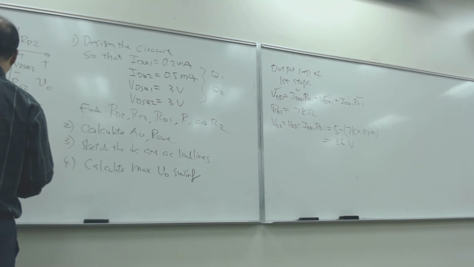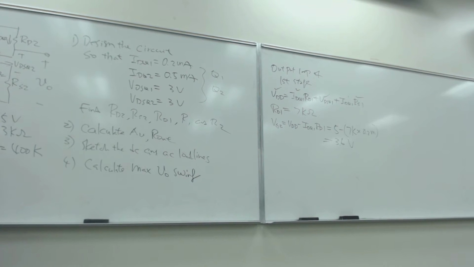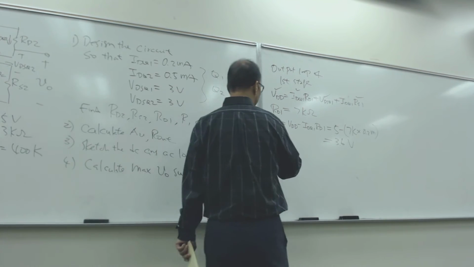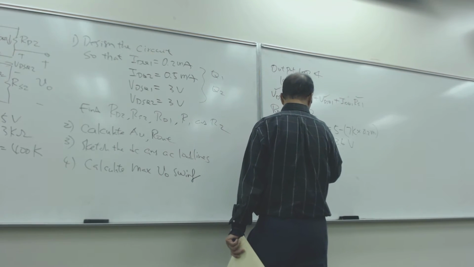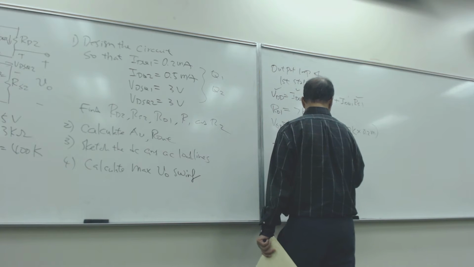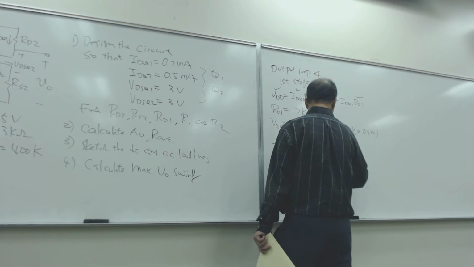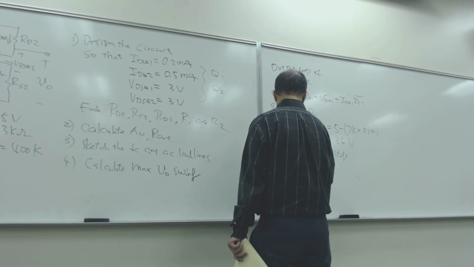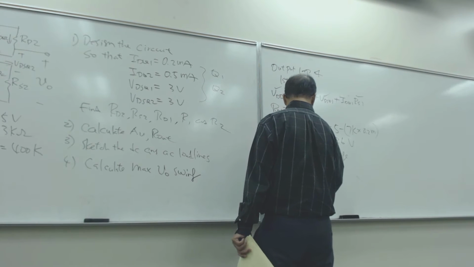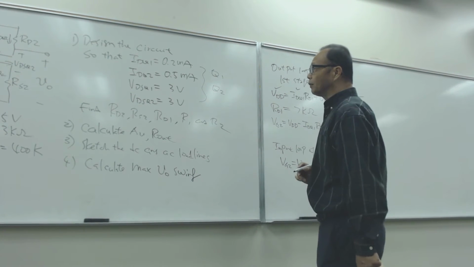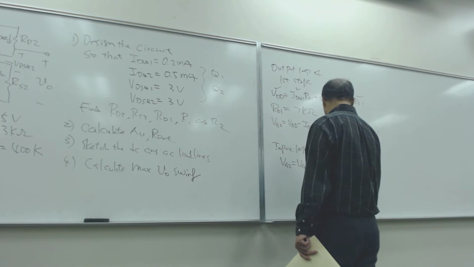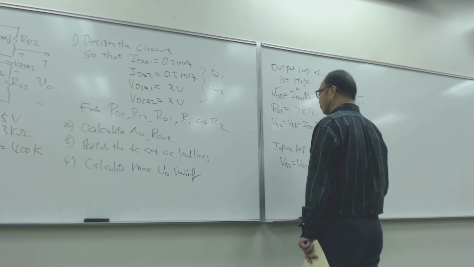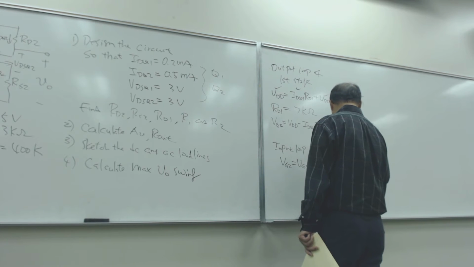Then you go around the input loop of the second stage. You know, VG2 is equal to VGSQ2, right? What else? Plus IDQ2 RS2, right?